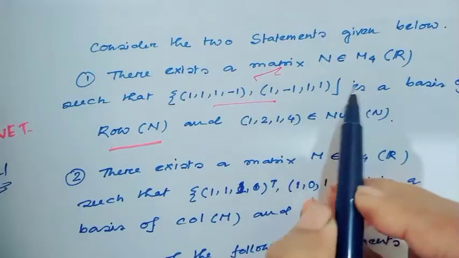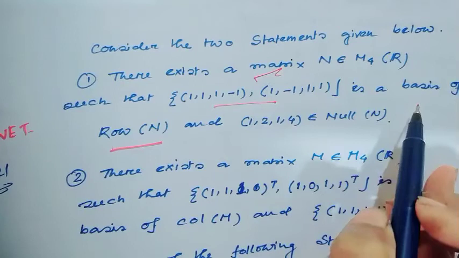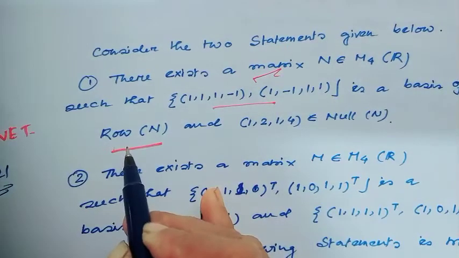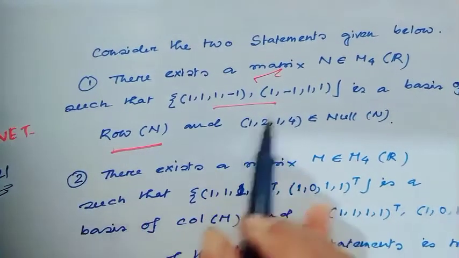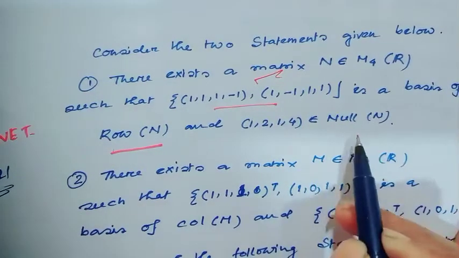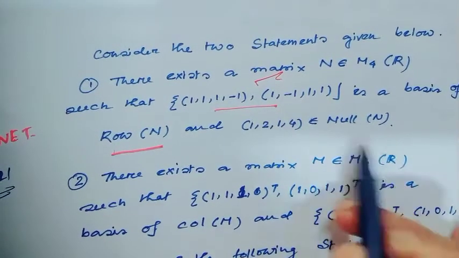So, these vectors would be the basis of the row space of this matrix and the null space of this matrix.